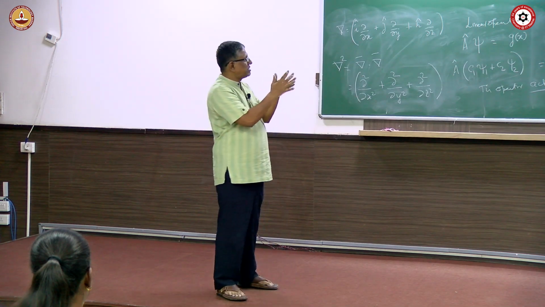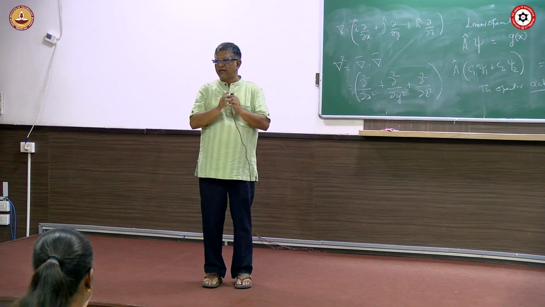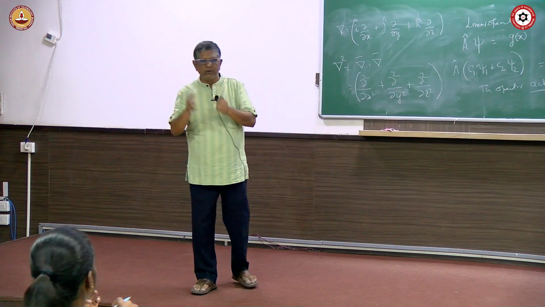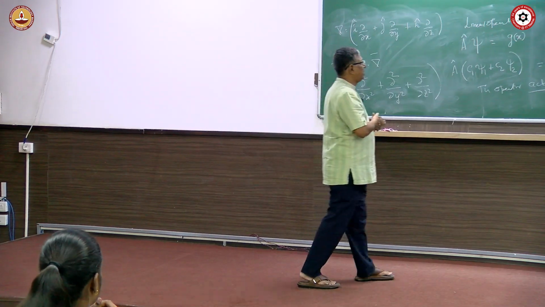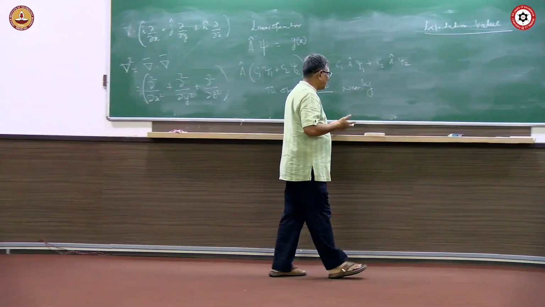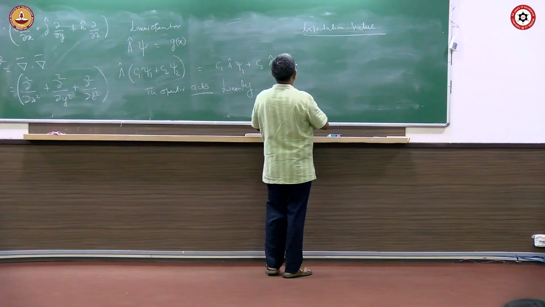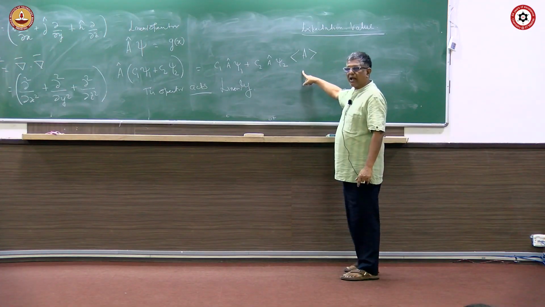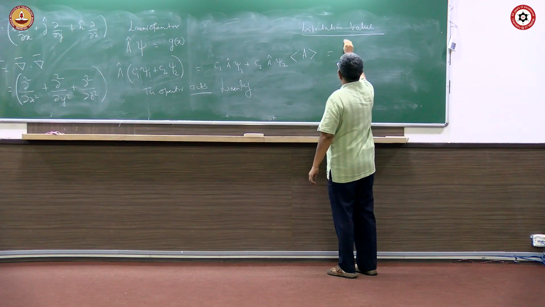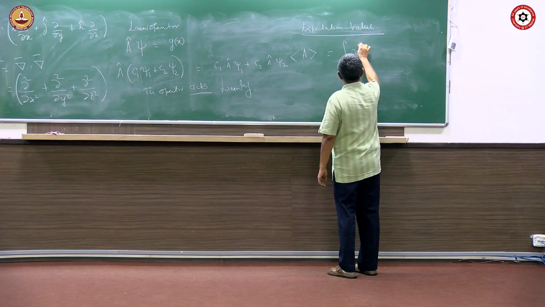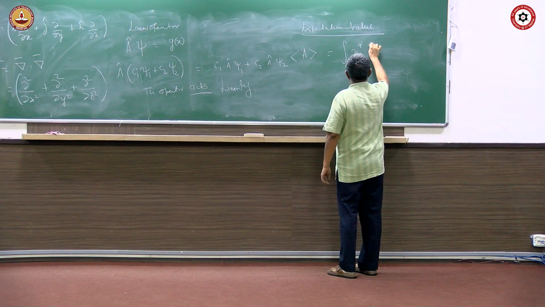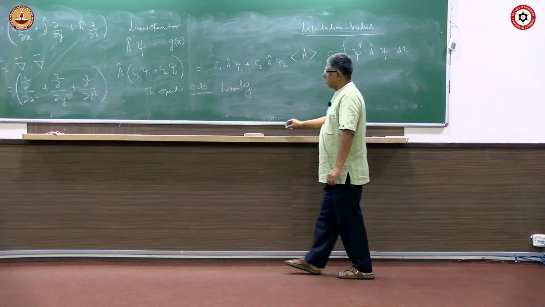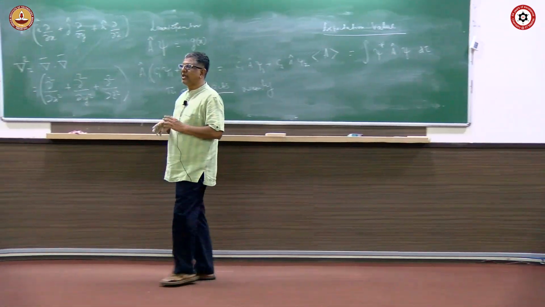Therefore, this expectation value is also derived from that. It is something similar to the average value. So, you can define the expectation value. This is also another postulate, which tells you that the expectation value, which they put in this kind of bracket, is equal to integral psi star operator psi d tau. This is the expectation value of the operator.